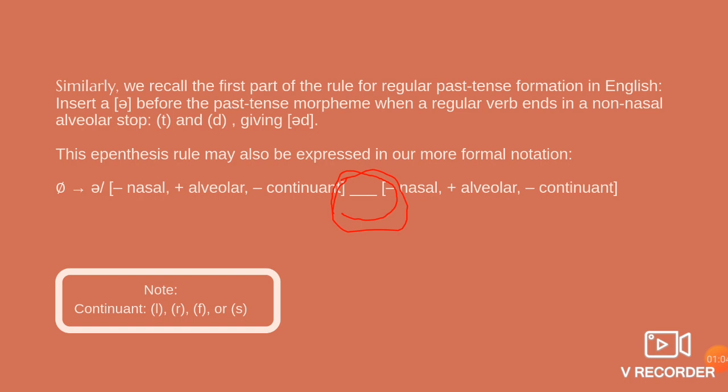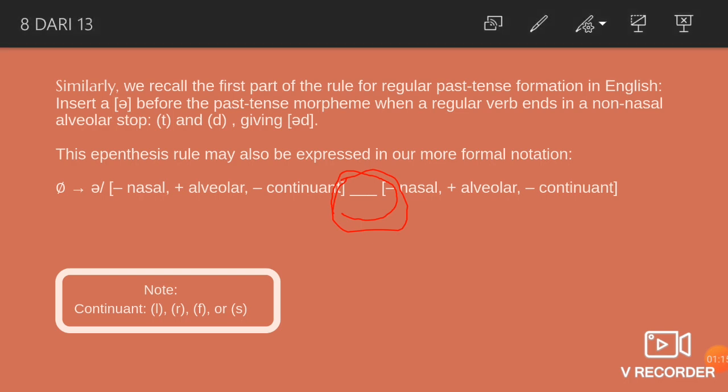This epenthesis rule may also be expressed in our more formal notation. So the schwa is in the middle between the alveolar consonant and the consonant.